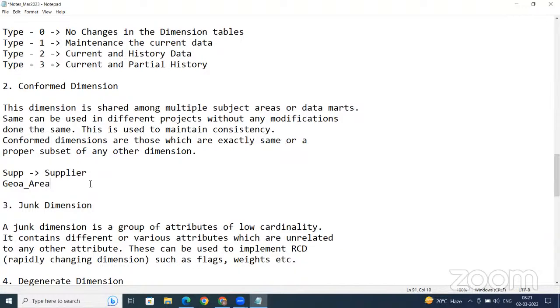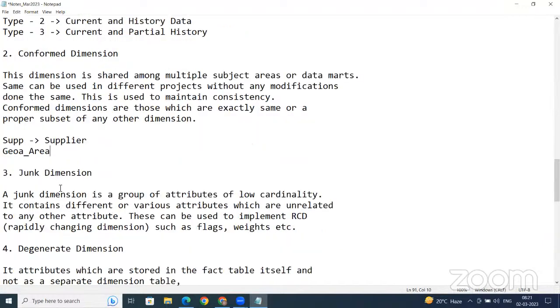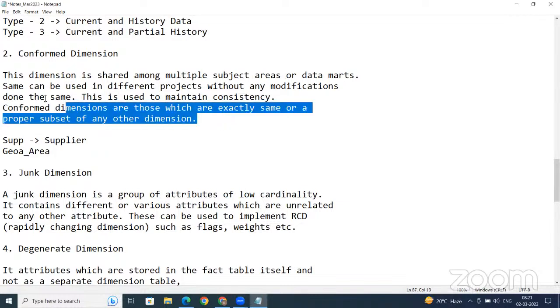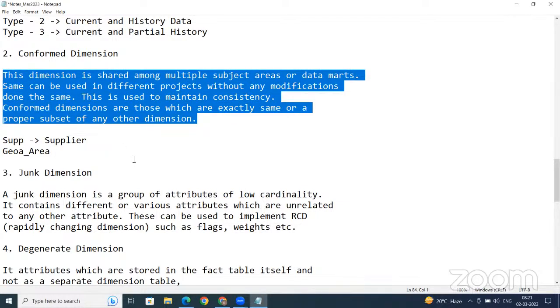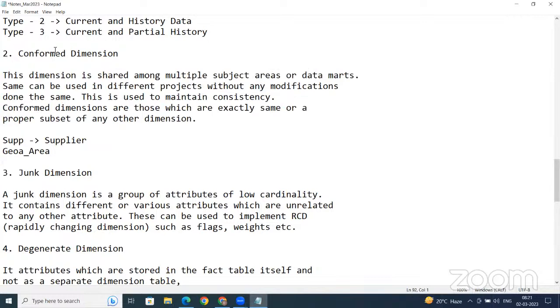So any dimension table used across multiple applications, we call it a common dimension. This is a very, very important interview question.